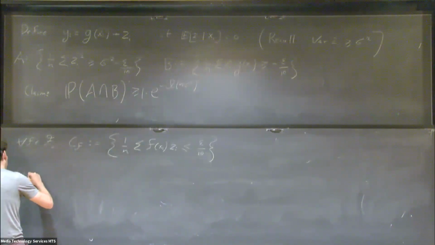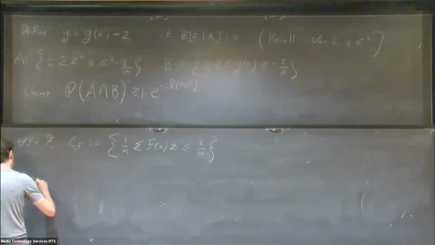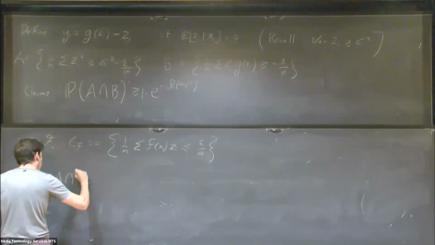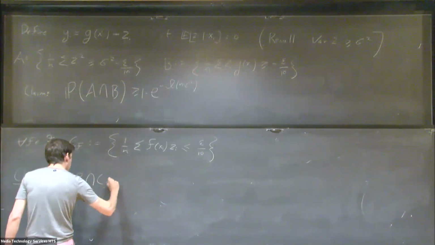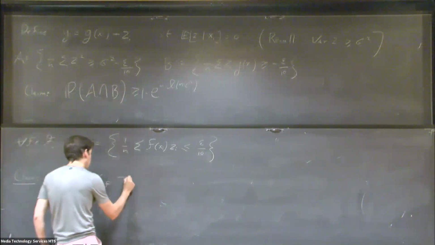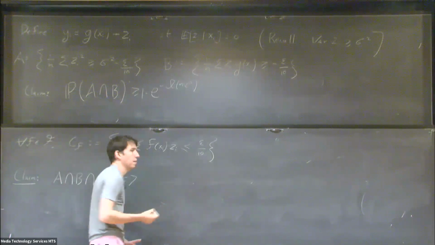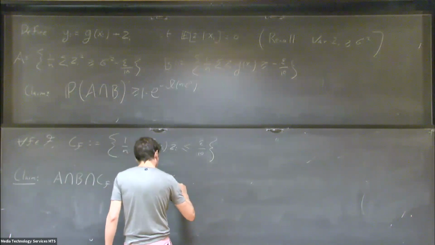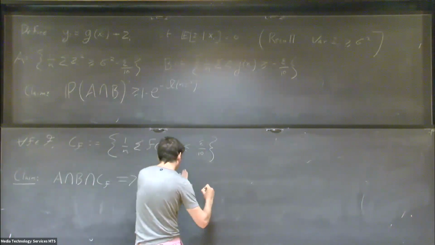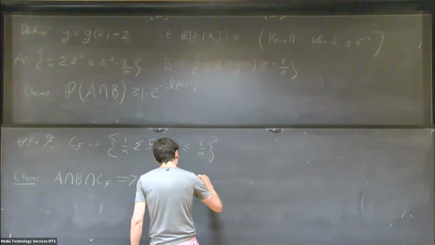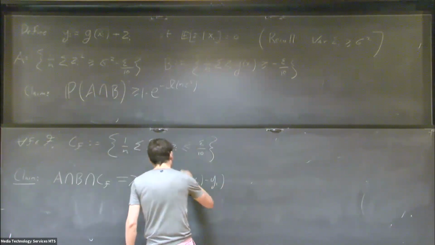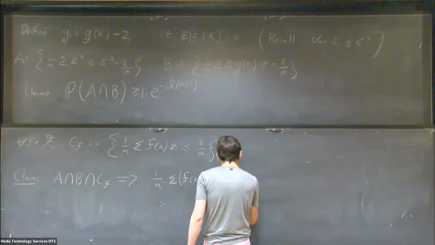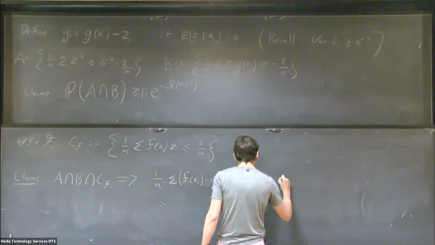And I claim that if A, B and C sub f all hold, then it must be the case that the sum is at least sigma squared minus epsilon.